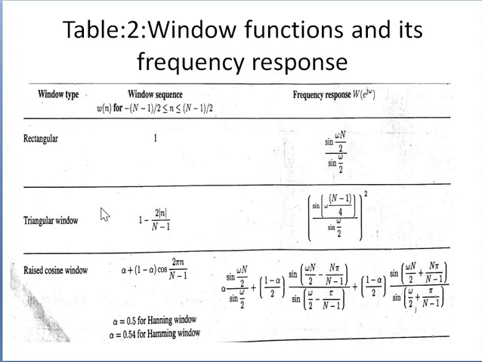Otherwise 0. In the same way, for the triangular window, W of n is 1 minus 2 mod n by N minus 1 in this range, otherwise 0. For the raised cosine window, this is the one. It involves two different windows: one is the Hanning window, another is the Hamming window, for different values of alpha. Alpha is equal to 0.5 for the Hanning window, and 0.54 for the Hamming window.